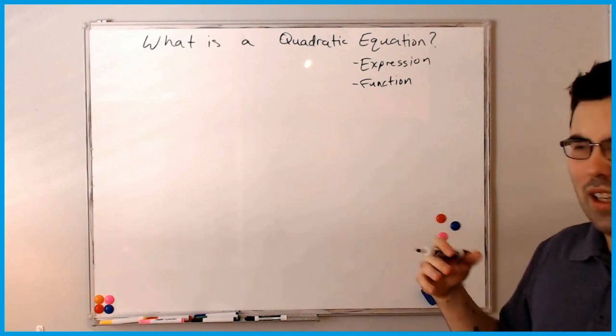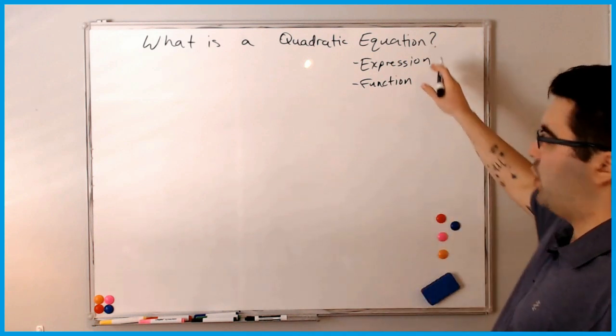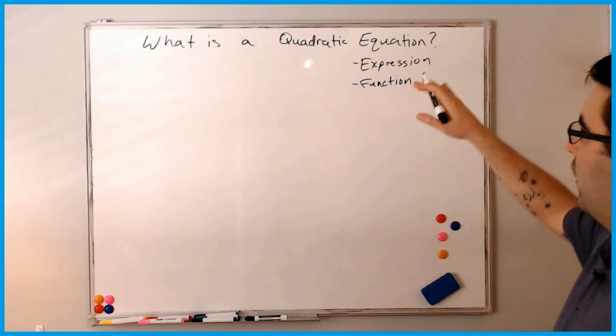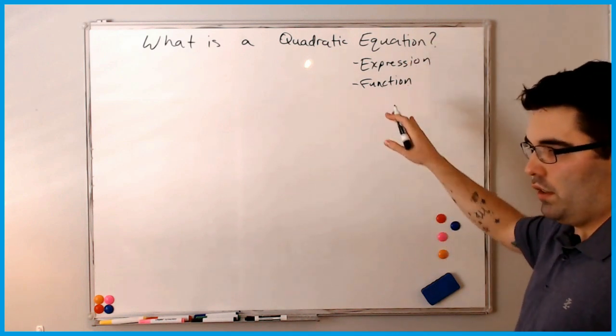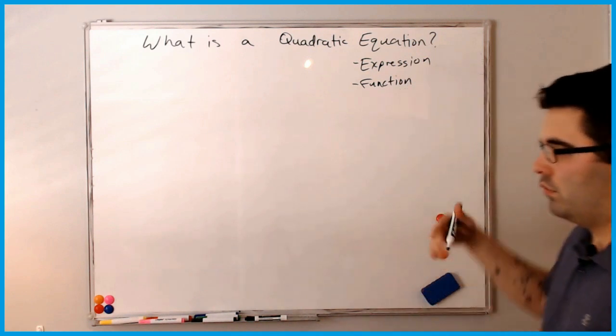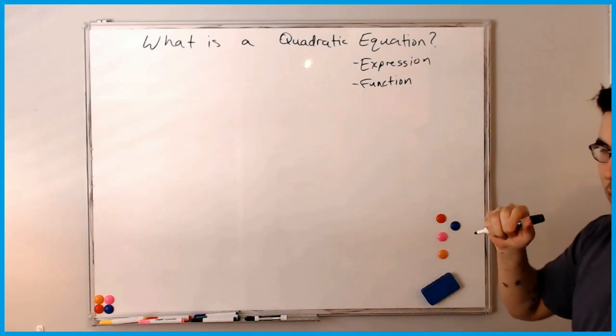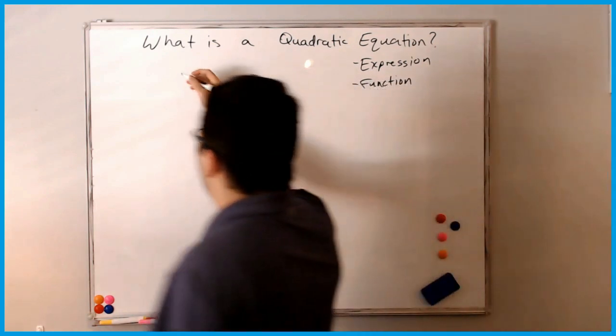In other words, your inputs can't repeat if you're listing out all the points that are there. Expression implies that there is no equal sign. Equation implies that there is an equal sign, but basically all of these are the same pattern, just different little scenarios.